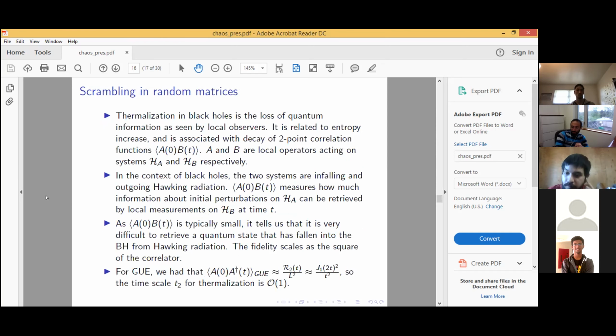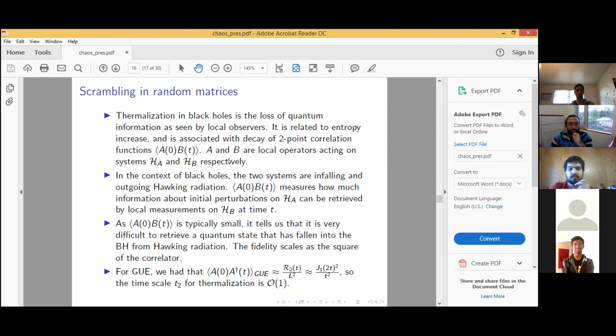Okay, so now we discuss how processes like thermalization and scrambling can be quantified by the time decay of these OTOCs. So first we discuss thermalization. In black holes, thermalization is the loss of quantum information as seen by a local observer, and it is associated with the decay of 2-point correlation functions, which look like A0 and BT.